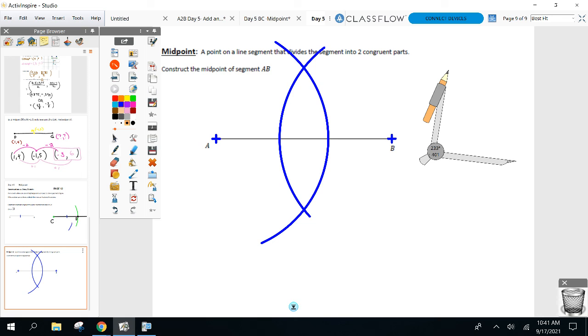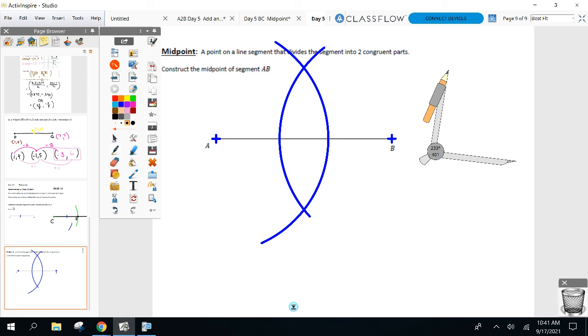A couple of you are figuring out what's the final step. I call this the fish construction, finding the midpoint. How do I use those two arcs to find the midpoint of AB? I take my straight edge and line up both points of intersection of the arcs.